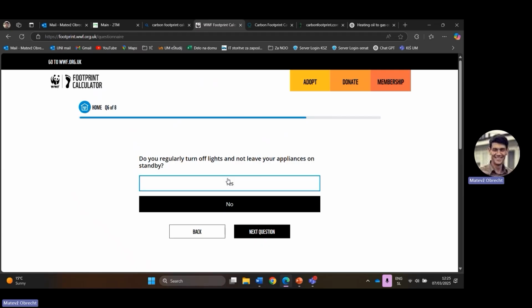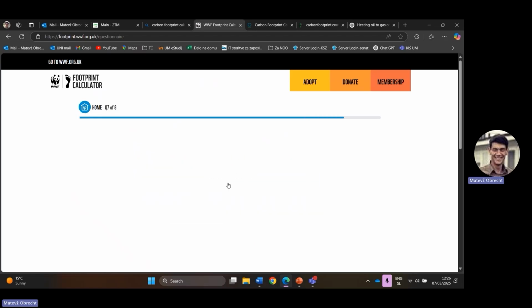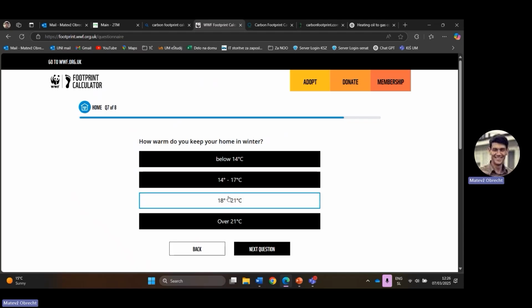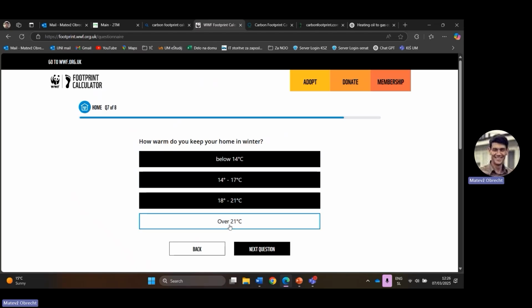Do you turn off your lights frequently and your appliances? Or not? So it depends on yourself. So you just answer the question by yourself. How warm do you keep your home in winter? So we have approximately something above 21.5.